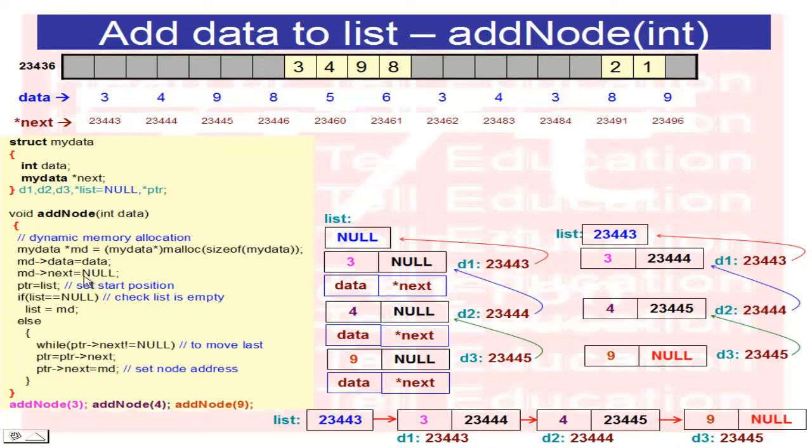Now first ptr equal to list. Okay, so we already have one variable in the list. So this time list is not null. Okay, because one variable is already created and one address is already available in list. So we already assigned the list address to this pointer.